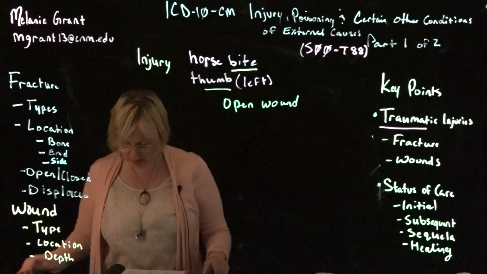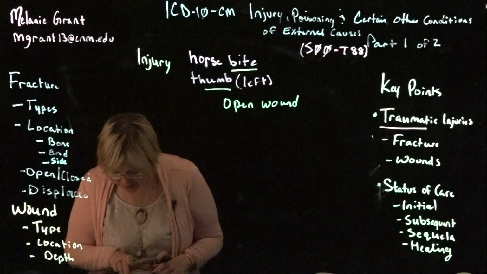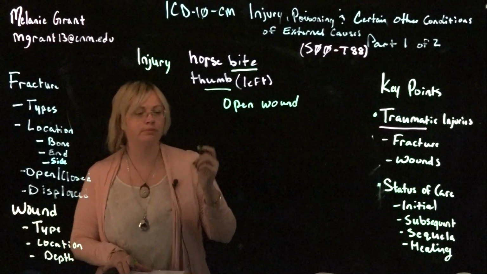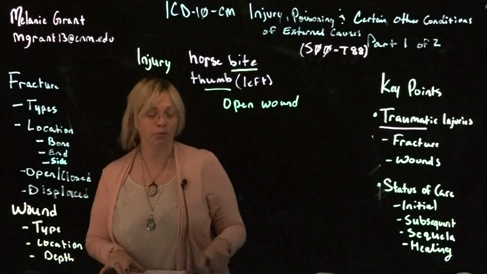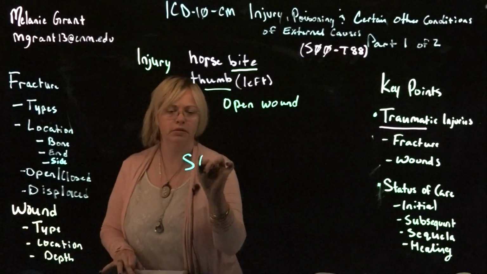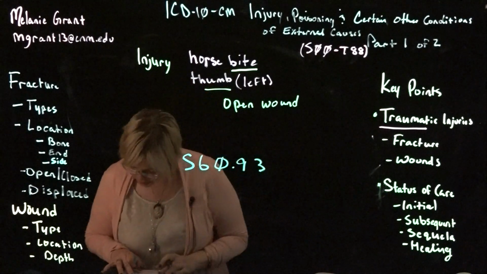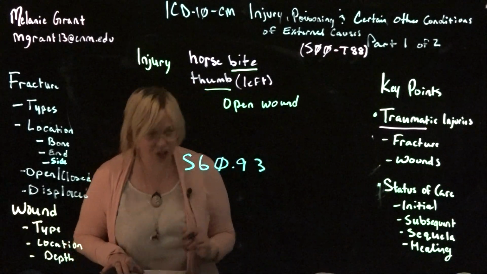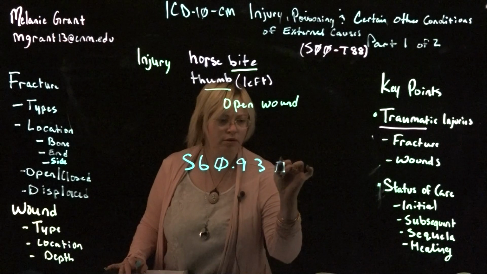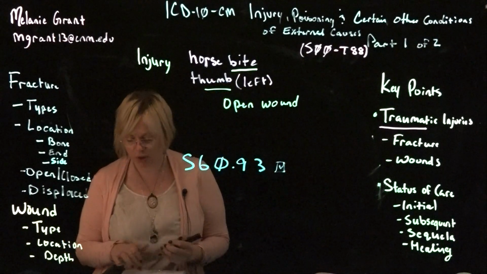And the code that it gives me is going to be S60.93. Let me grab a different color pen here. And it has a little symbol next to it with a check mark. Okay? And that means an additional character is required.